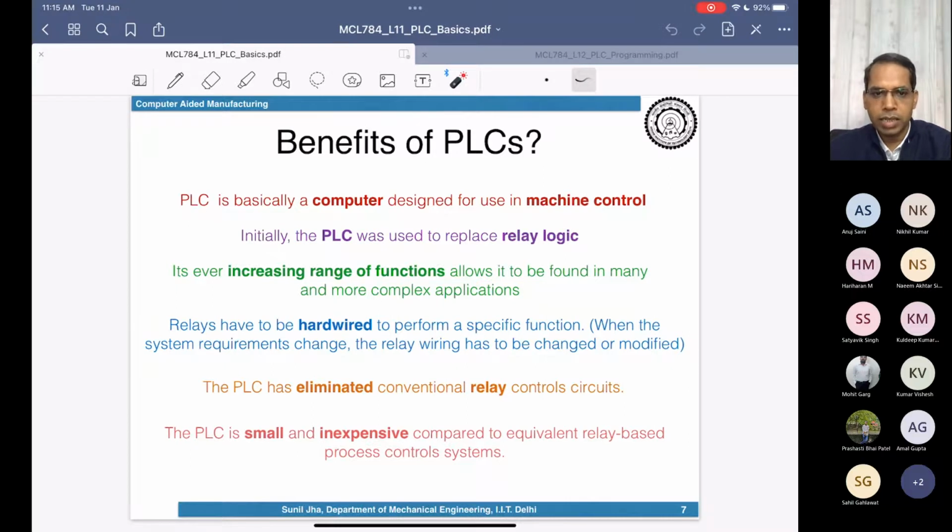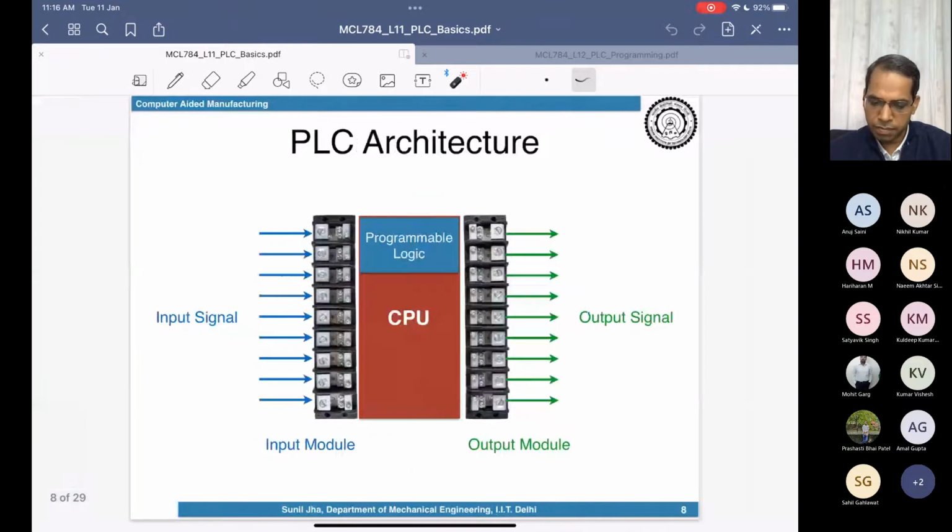After the advent of PLCs, you write all the logic in software form, and it is reprogrammable. You can erase the logic and build it again. Your physical interface will remain the same. So those are the advantages of PLCs over the hardwired logic done with relay circuits.